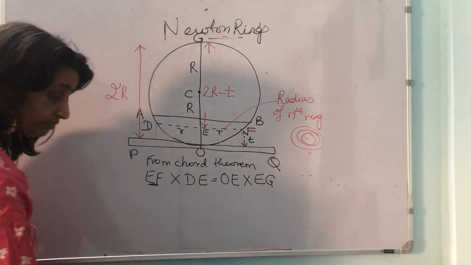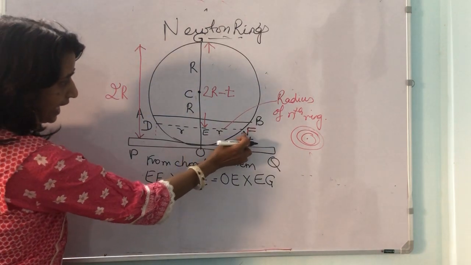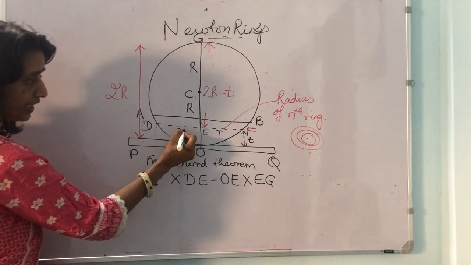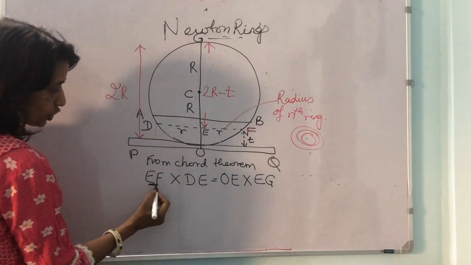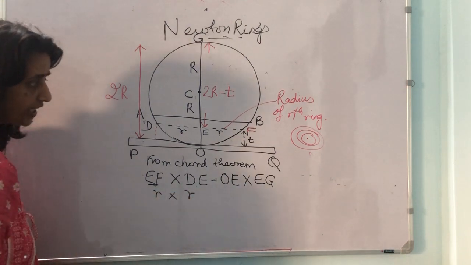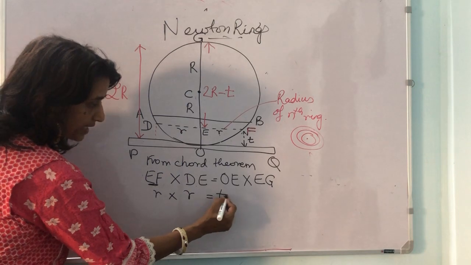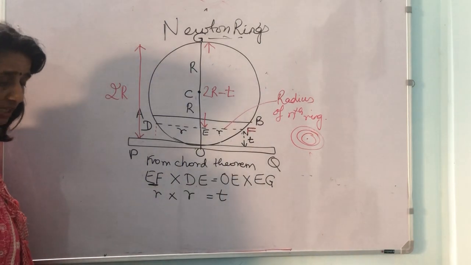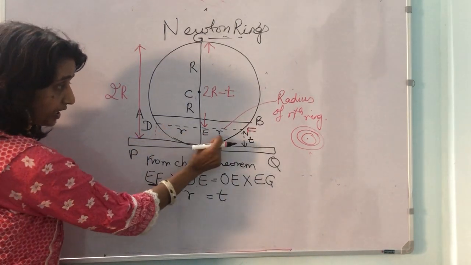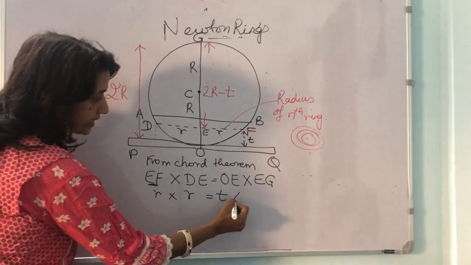Now, let us see, EF and DE are each the radius r of my nth ring. OE is the thickness of that particular wedge-shaped film about which we are talking, into EG, and what is EG?